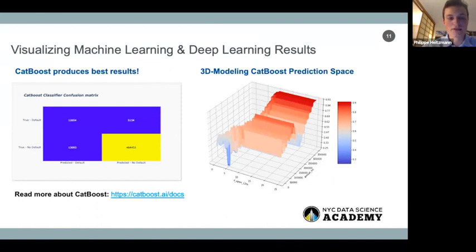This just shows how your model predicted well or badly for different prediction values. So in this case, for example, your CatBoost classifier model predicted 460,000 loans as good loans in the yellow box when those were in fact good loans.